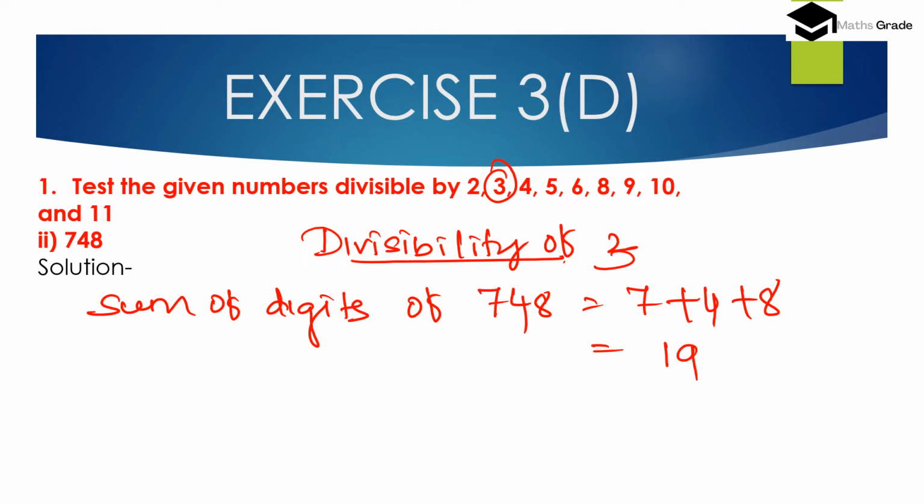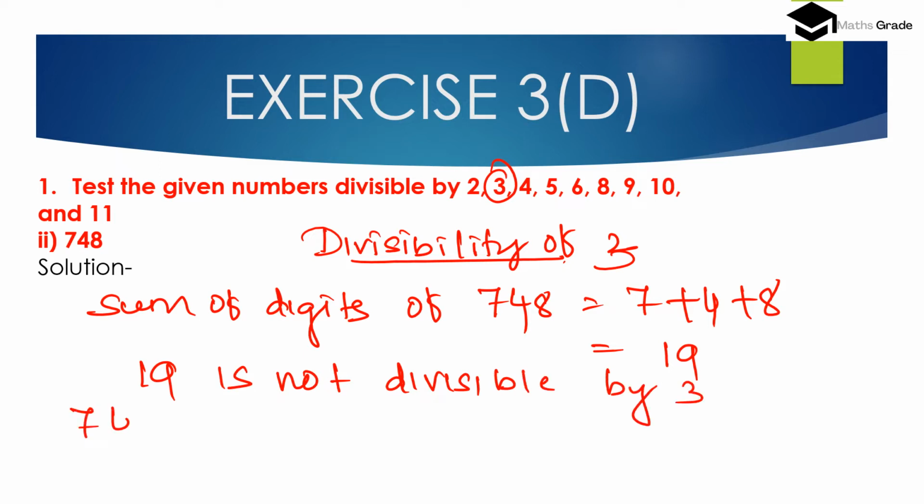And 19 is not divisible by 3. So the number 748 is not divisible by 3.